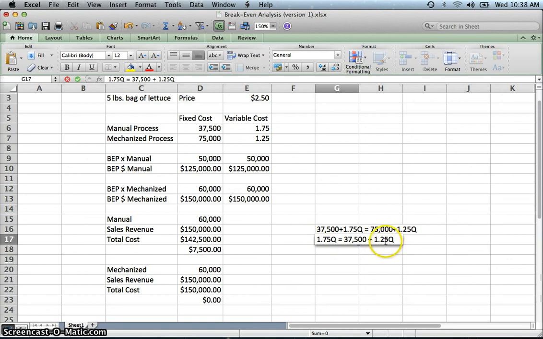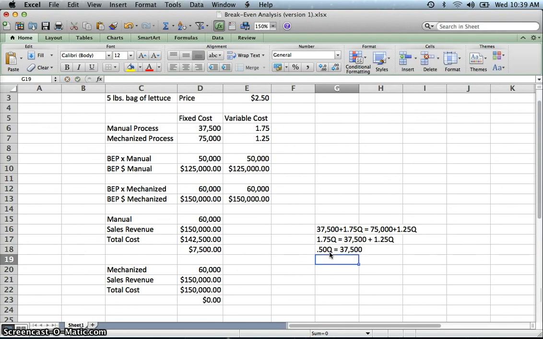So I'll subtract that. That will eliminate this one, and this will become 50 cents Q equal to 37,500.